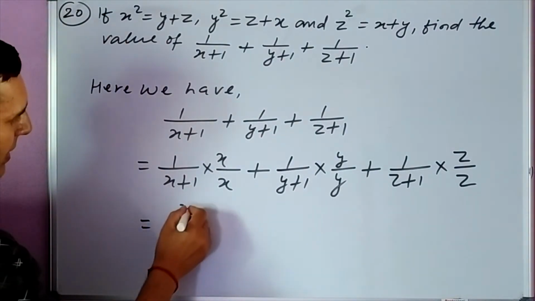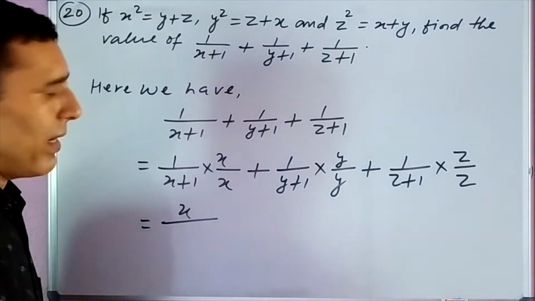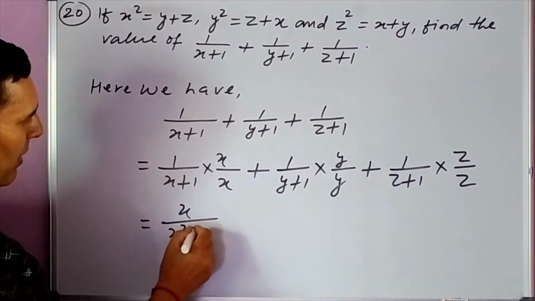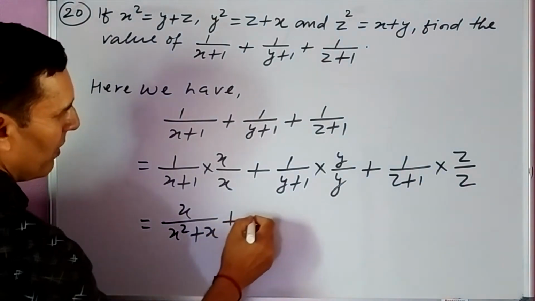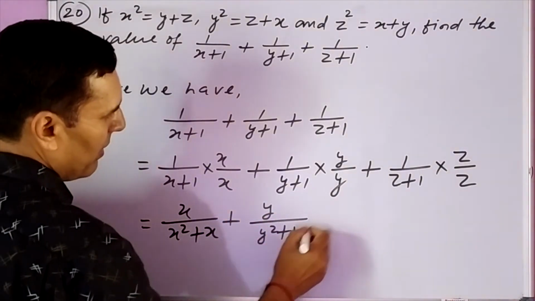If you multiply, x upon x plus 1 and x multiplied, we get x square plus x. Here we get y upon y square plus y.